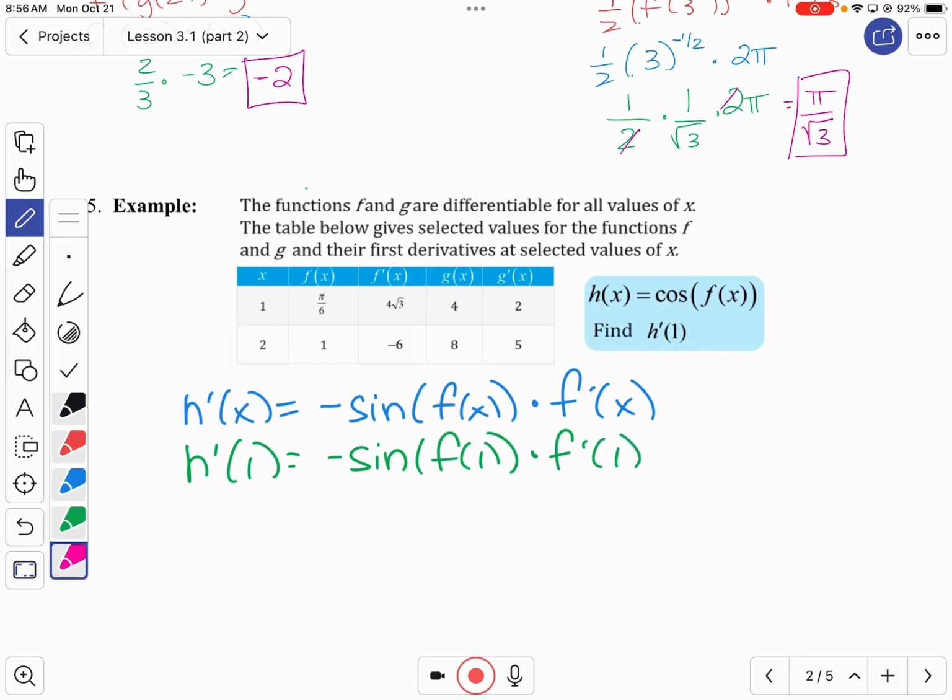We're going to pull all of this from the table. F at 1 is pi over 6. F prime at 1 is 4 square roots of 3. So what is the sine at pi over 6? 1/2, but we want the opposite, so negative 1/2 times 4 square roots of 3, which simplifies to negative 2 square roots of 3.